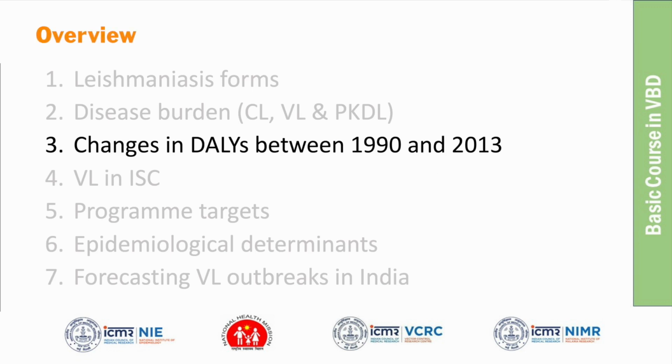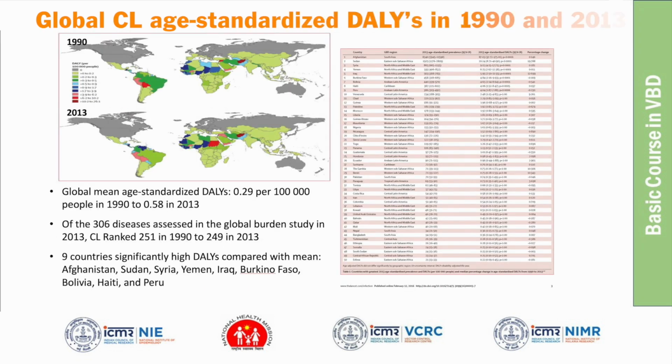Next, we'll look into the changes in DALYs between 1990 and 2013. So how the disability adjusted life years have changed over the period from 1990 to 2013, we are going to look into that. The picture shows how the CL DALYs in 1990 compare to 2013.